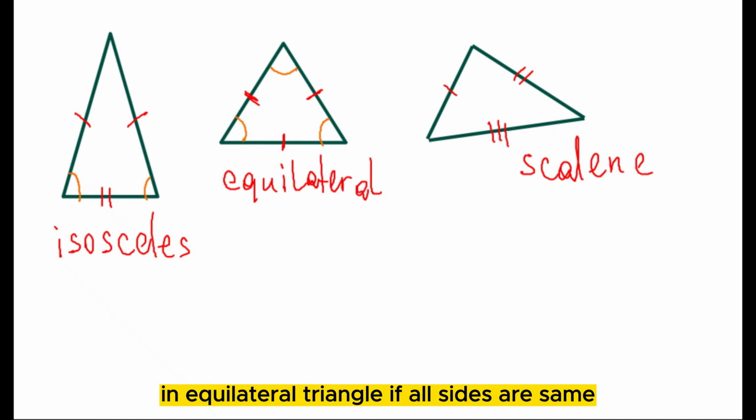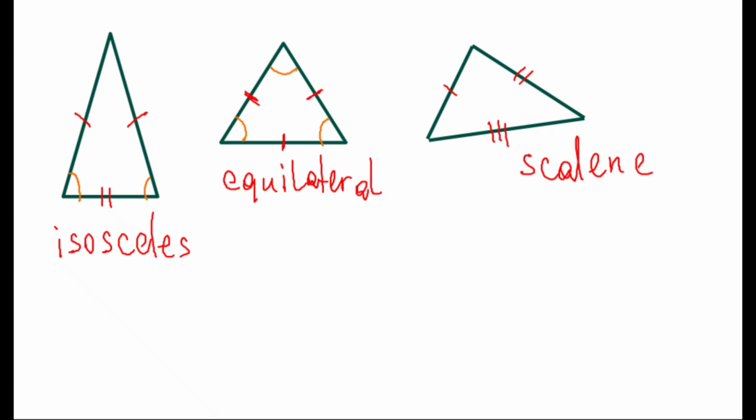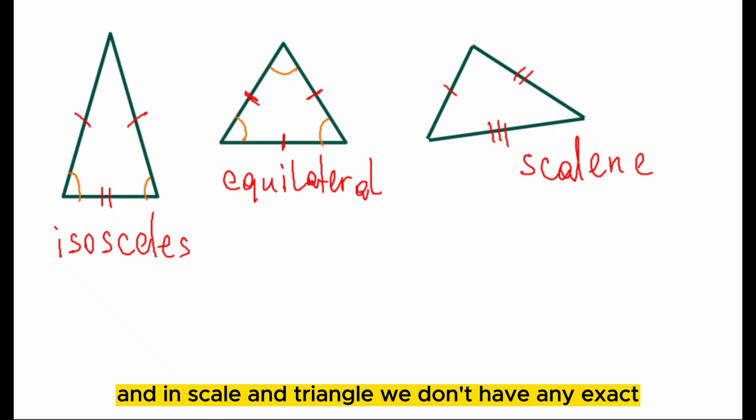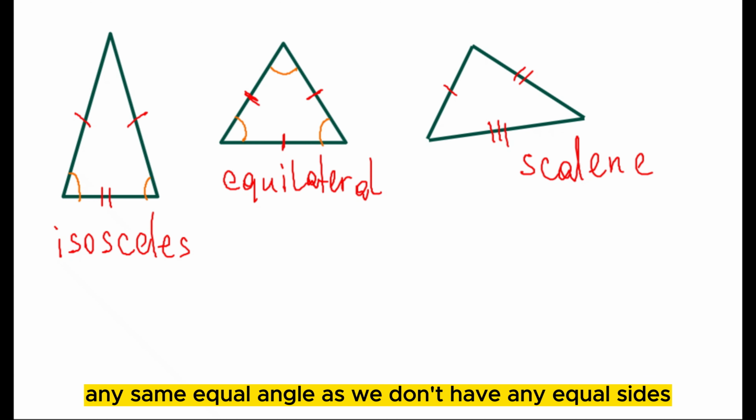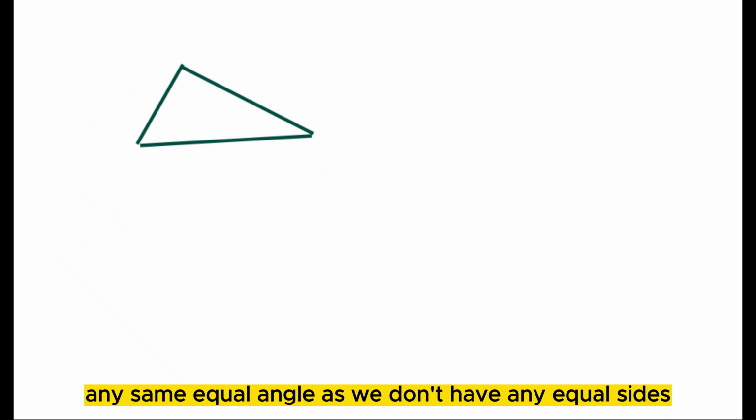In equilateral triangle, if all sides are same, it means all angles are also same. What is their degree? We will talk a little bit later. And in scalene triangle, we don't have any equal angle as we don't have any equal sides.